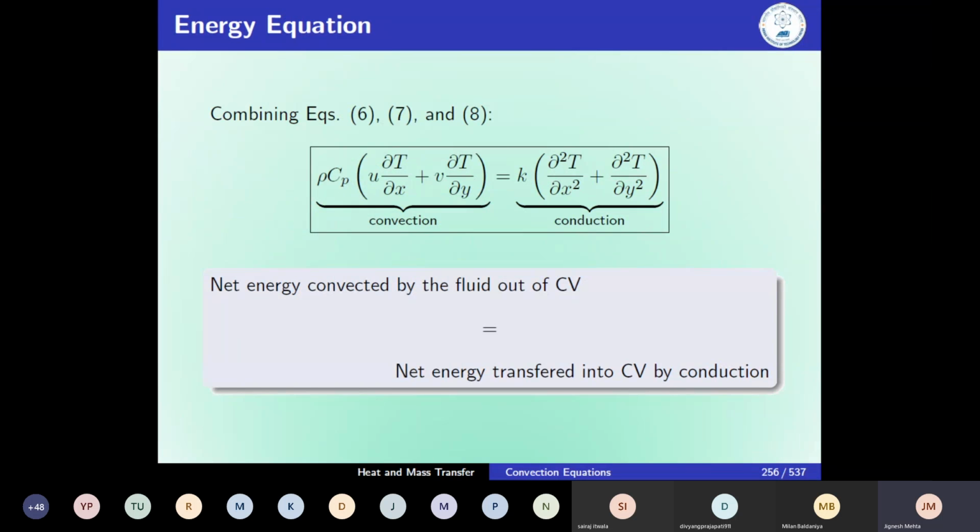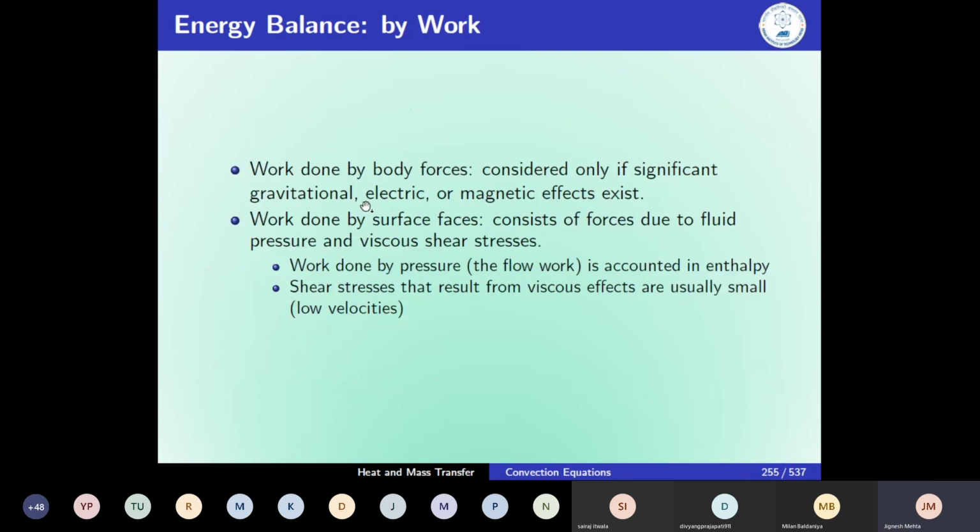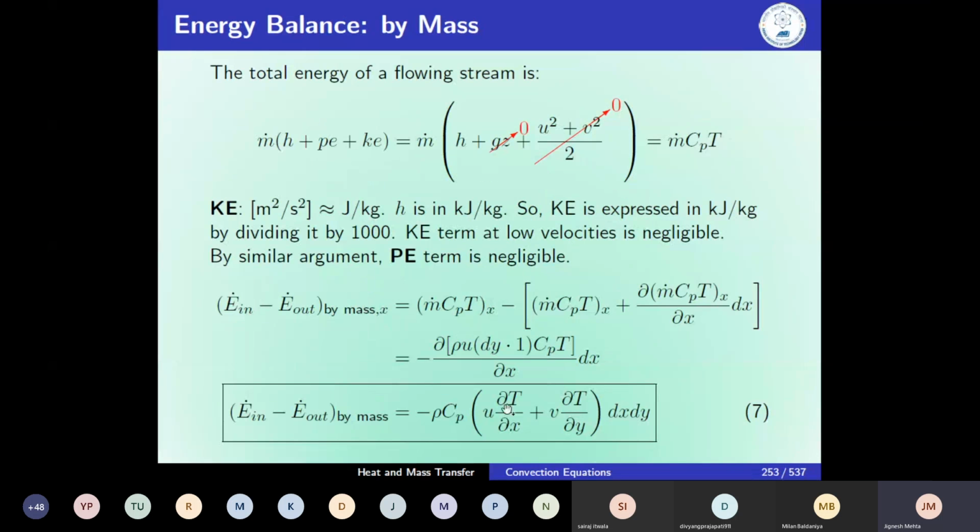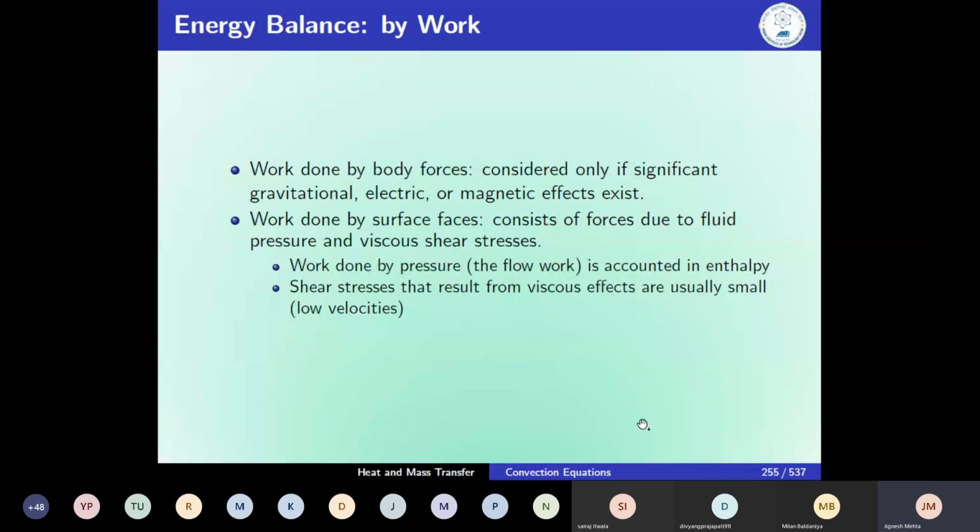But as I told, the work is 0. So this is what is entering along with the mass, and that is called the convective term, right? This is what you got earlier, and dx dy is common, so you omit that, right?